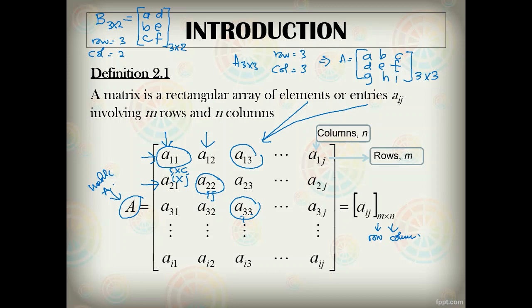Whenever your i is equal to your j, meaning the element's row equals its column, for example this one, this one, this one, all the elements here until the end, where i is equal to j, this is called the diagonal.